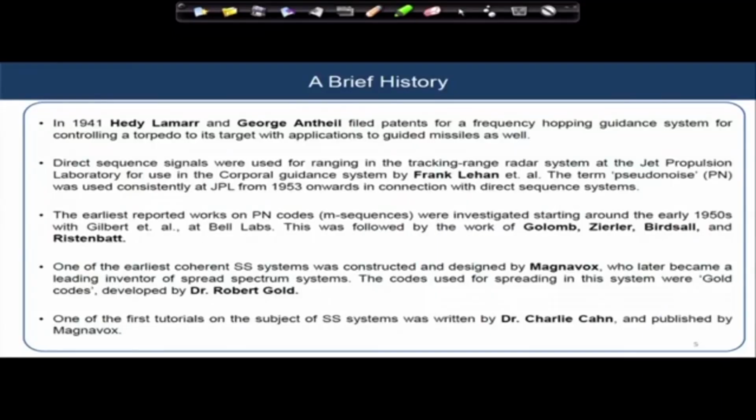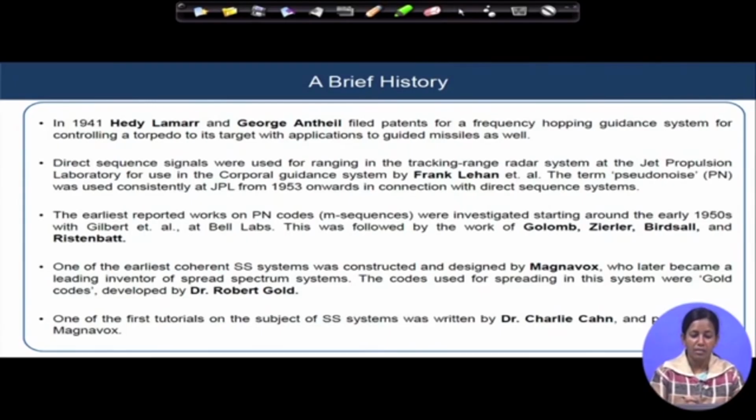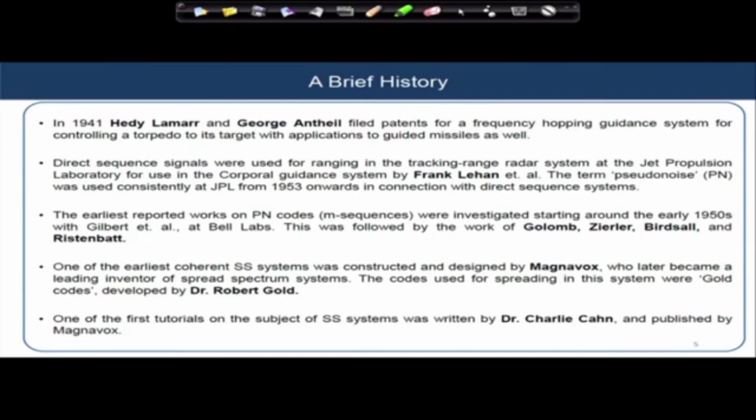It was 1941 when Hedy Lamarr and George Antheil filed a patent on frequency hopping spread spectrum communication systems, and this is the first time something was put on pen and paper. Prior to that, even if something had happened, we are unaware of it. It had a target with applications to guided missiles as well.